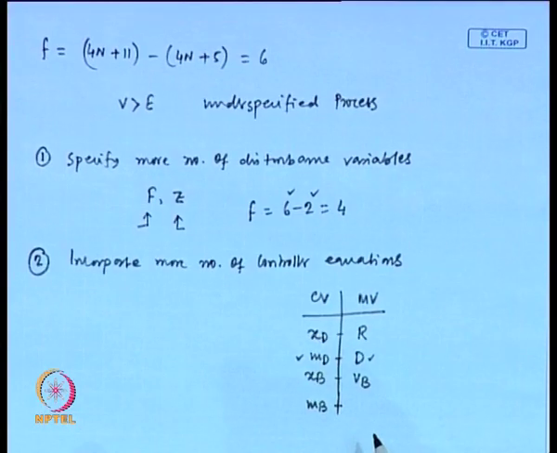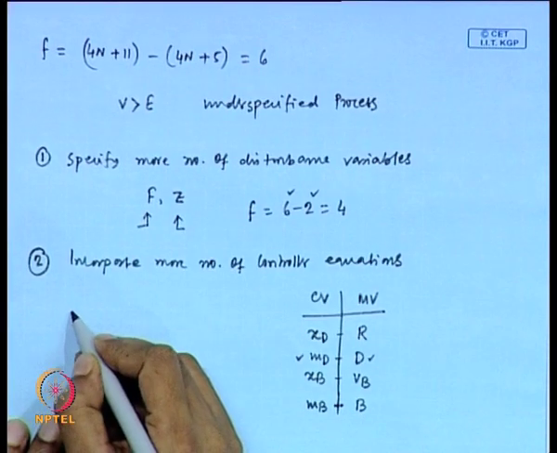If we want to maintain the liquid hold up in the column base, then that is the control variable, and this MB can be controlled by the manipulation of outlet liquid flow rate, that is B. So, these four controlled variable, manipulated variable pairs we can consider for the example column.